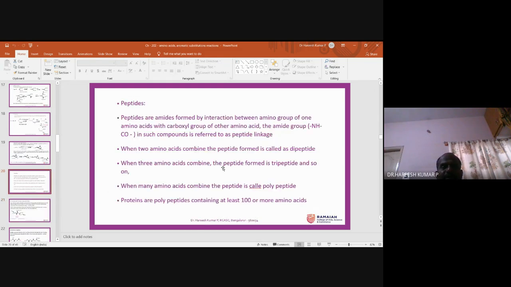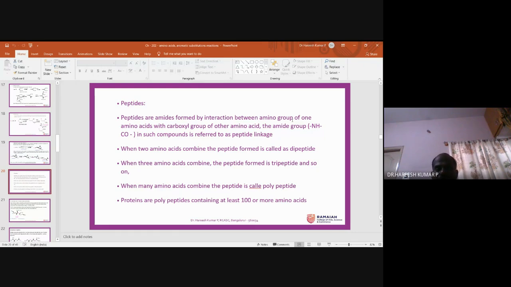So look here, peptides. What are peptides? Peptides are amides, formed by interaction between the amino group of one amino acid with the carboxylic group of another amino acid, and the resulting bond is called a peptide bond.